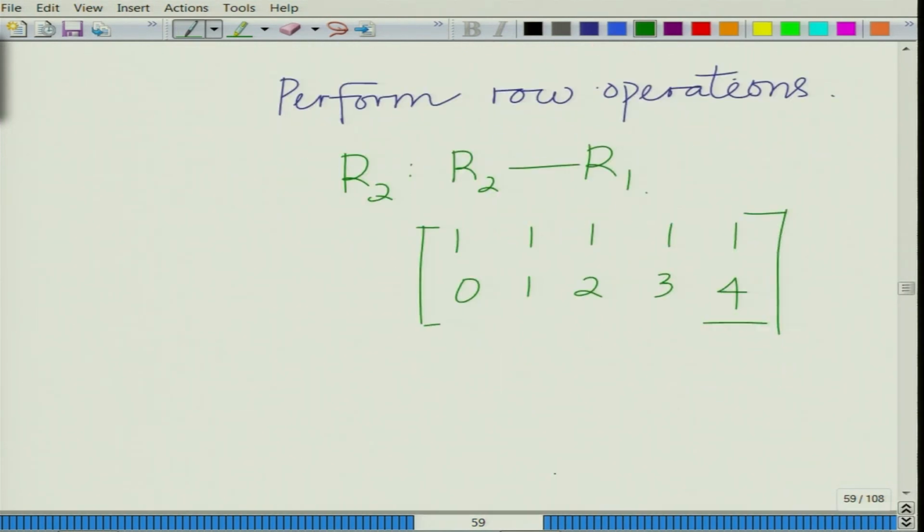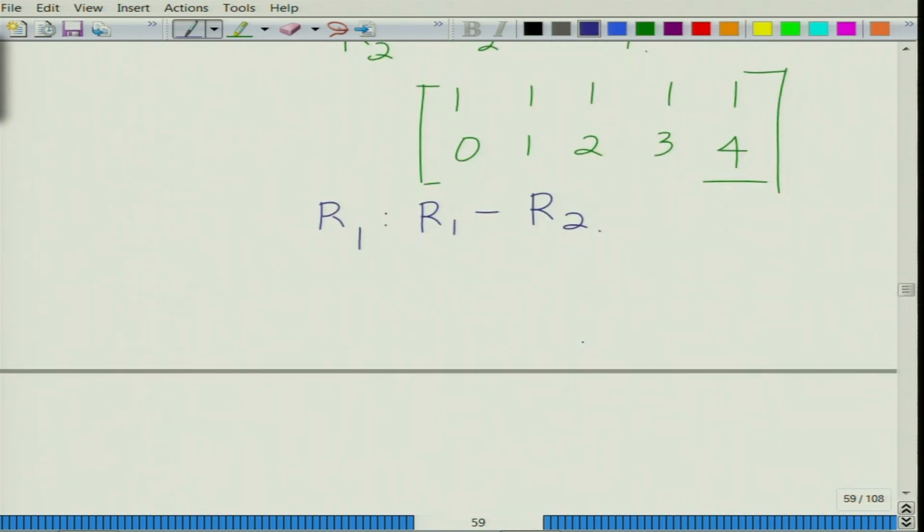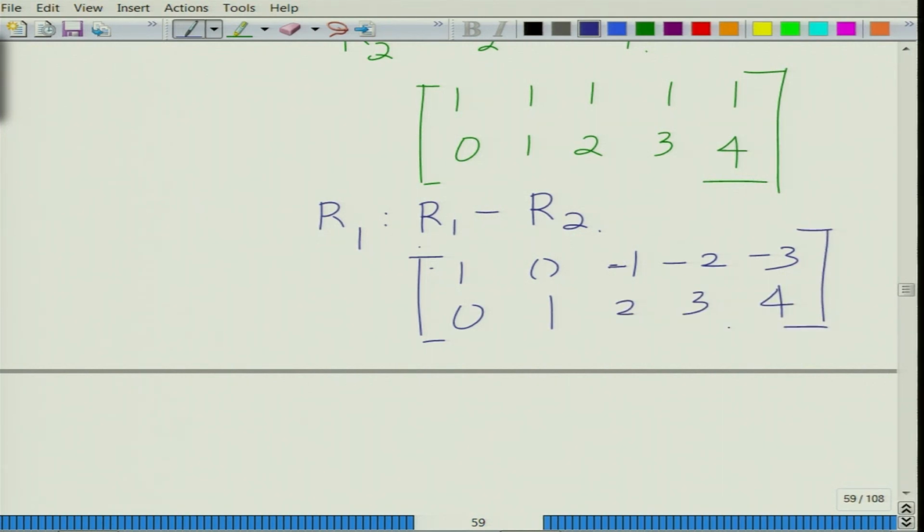Now, let us do another row operation: R1 replaced by R1 minus R2. Now the matrix becomes 1 0 minus 1 minus 2 minus 3, and 0 1 2 3 4 stays as it is. Now, we are in business.